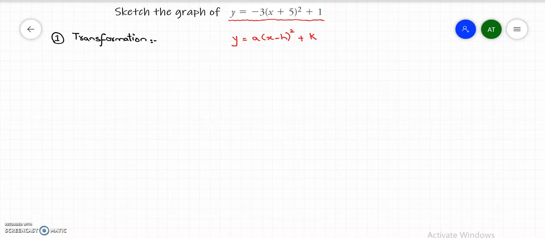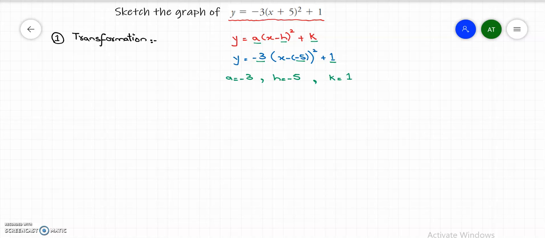So let me rewrite the given equation, that is y equals -3 times (x minus 5) whole squared plus 1. Now let's figure out what a, h and k are. So the a value is -3, so let me write down a equals -3. The h value is -5, h equals -5. And the k value is 1, so k equals 1.